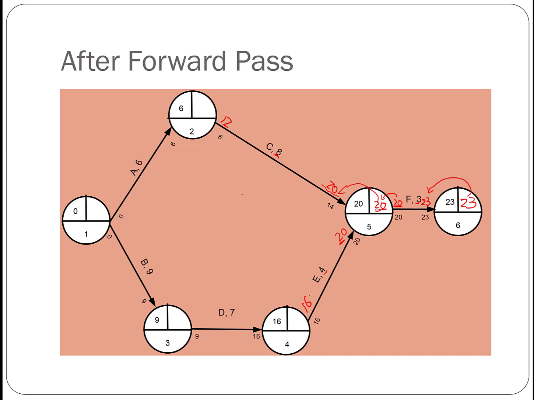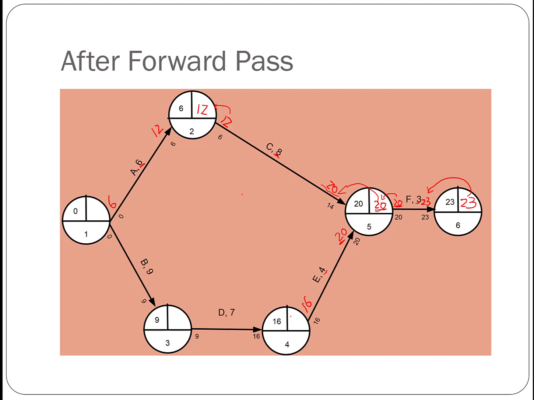Okay, then we'll continue. This 12 will go here to represent the late event date of our node 2, and our latest finish date for activity A will be 12. 12 subtract 6 gives us 6.